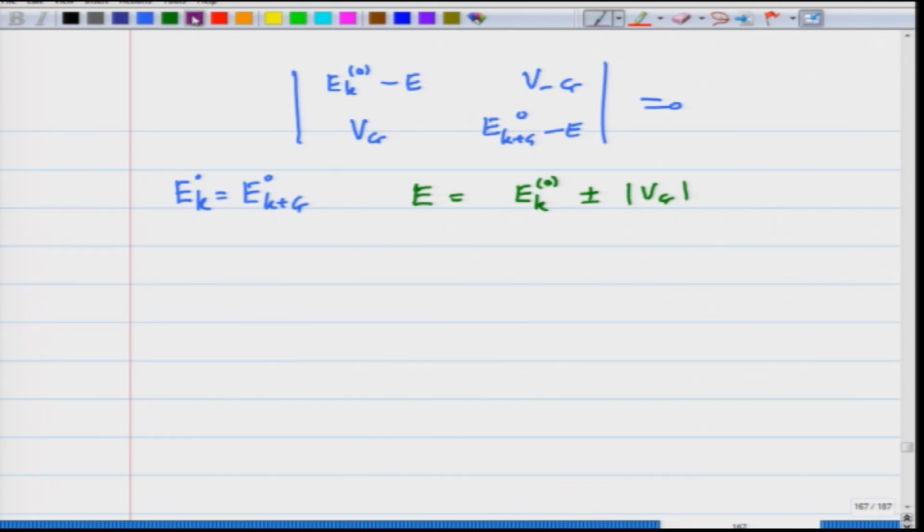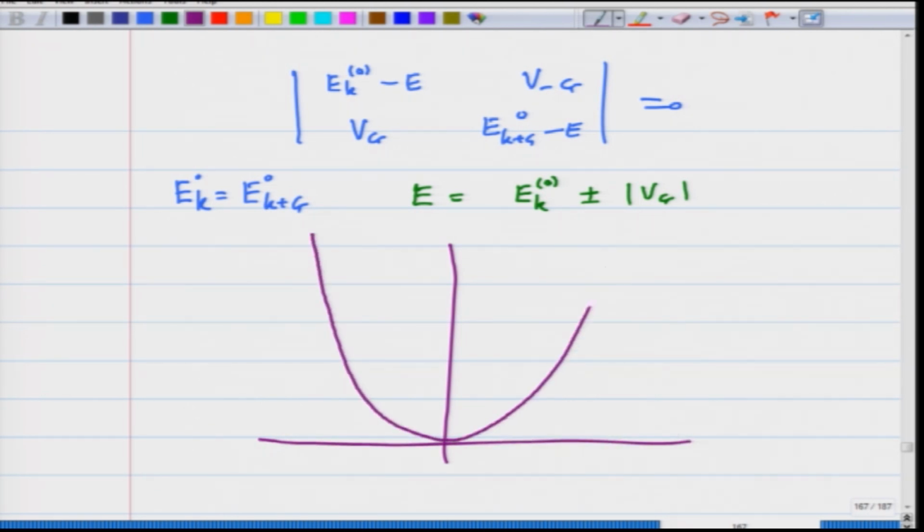So, if I go back to that curve which I had plotted at 0th level, which was E k 0, we had problems at pi by a and minus pi by a. The energy actually is not equal to h cross square k square by 2 m at these 2 k values, because energies are degenerate.